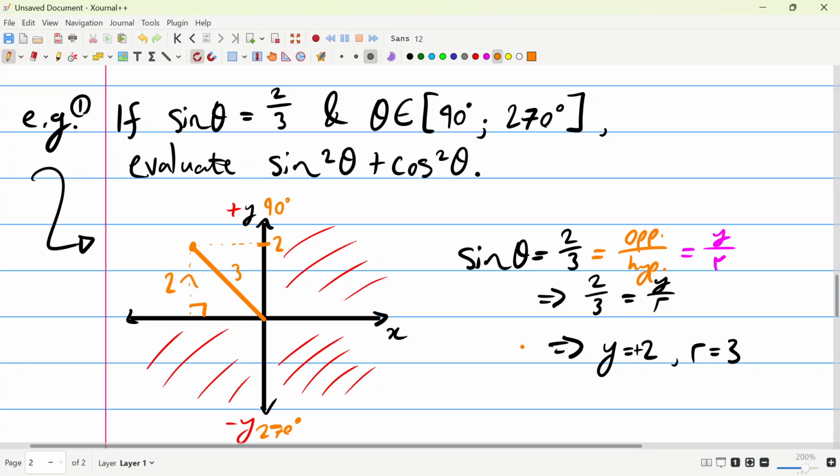Notice that this is parallel to the y-axis, and they're the same height, right? It's 2 units up. So we have the y-coordinate for this point already, but we need the x-coordinate. And how do we find the x-coordinate?